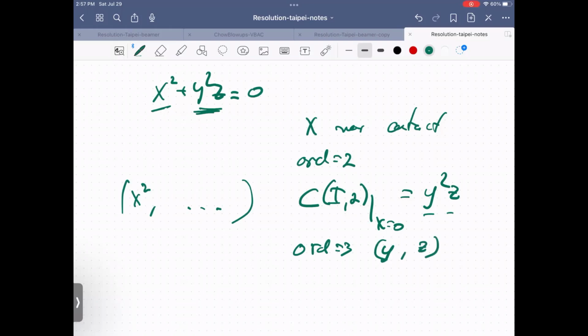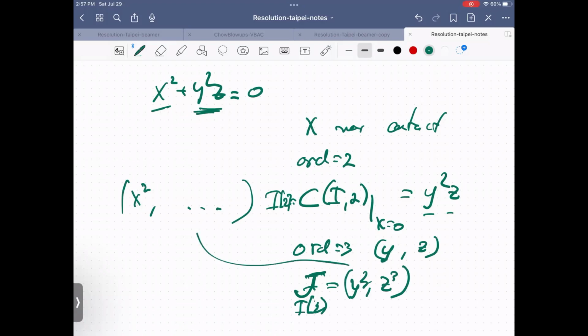They both appear in order 3, so the center for I2 is y cubed, z cubed. And I just append this here. So I get x squared, y cubed, z cubed. And you have exercises to verify this in all those cases.